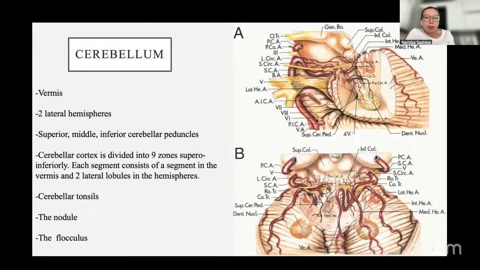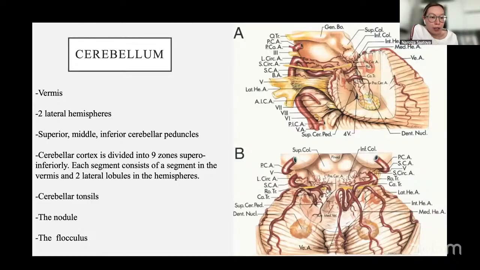The anatomy of the cerebellum is quite complicated, but we have to mention that the cerebellum consists of the vermis, 2 lateral hemispheres, and superior, middle, and inferior cerebellar peduncles.